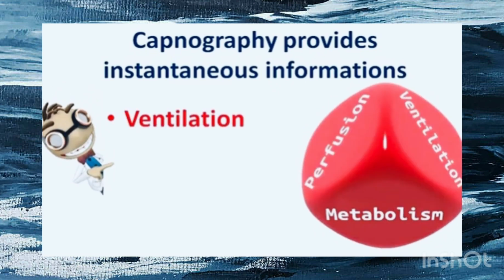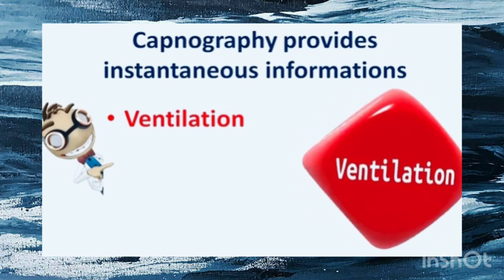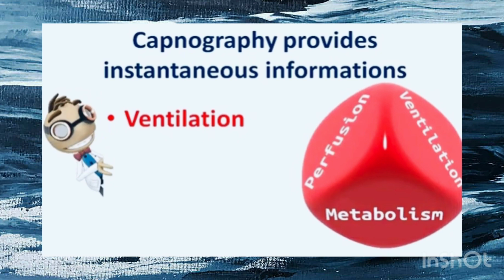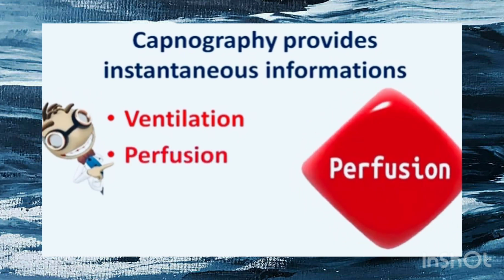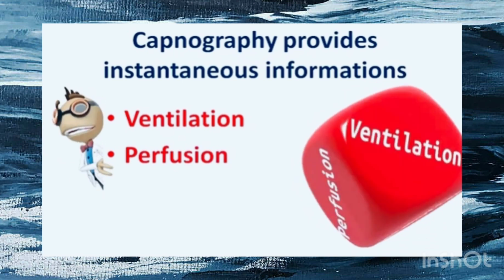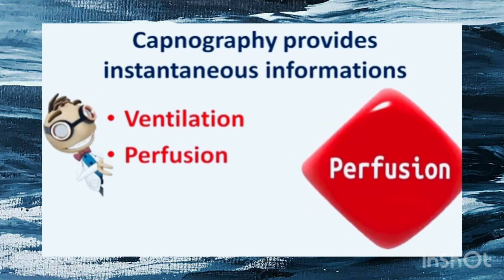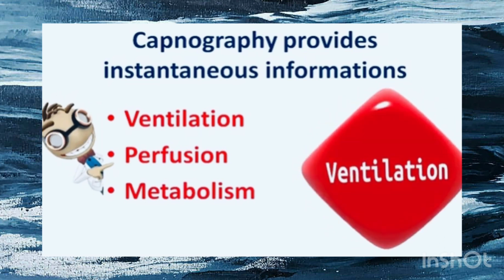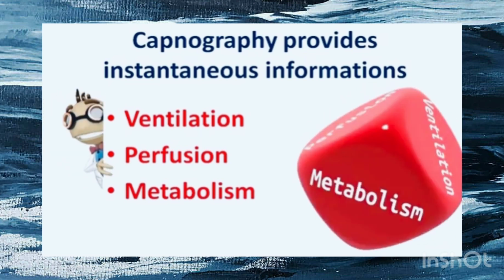Regarding ventilation, it explains how effectively carbon dioxide is being eliminated by the pulmonary system. Regarding perfusion, it explains how effectively carbon dioxide is being transported through the vascular system. And regarding metabolism, it explains how effectively carbon dioxide is being produced by cellular metabolism.